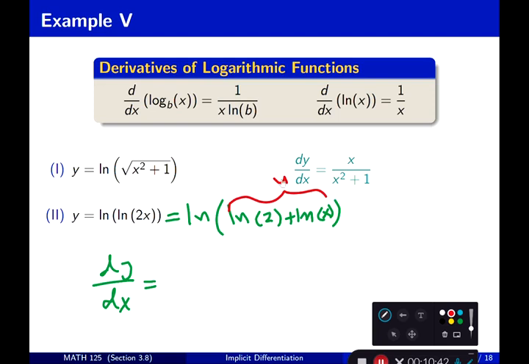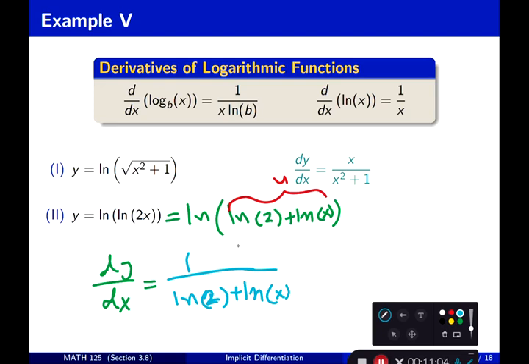So it's going to be 1 over u, 1 over inside, 1 over natural log of 2 plus natural log of x, times the derivative of u with respect to x.